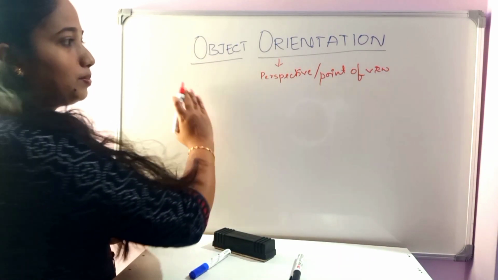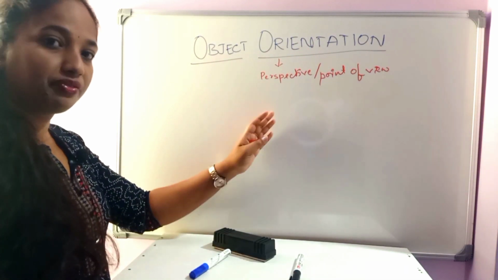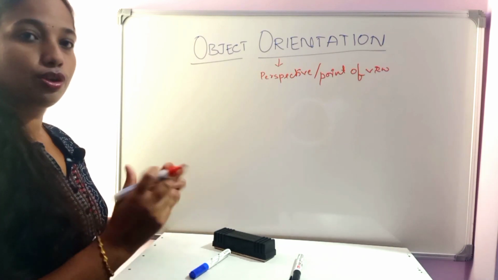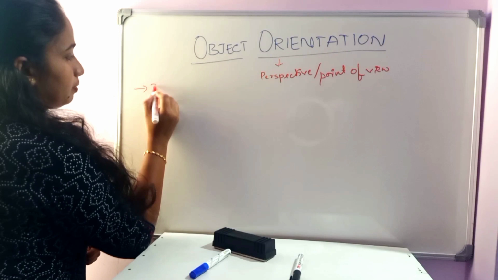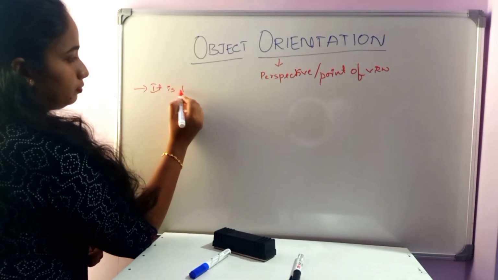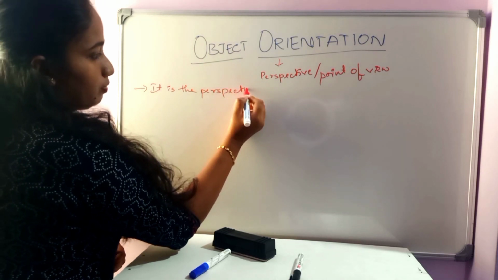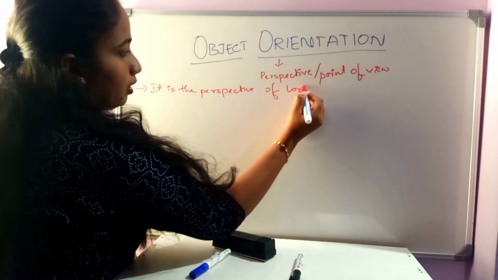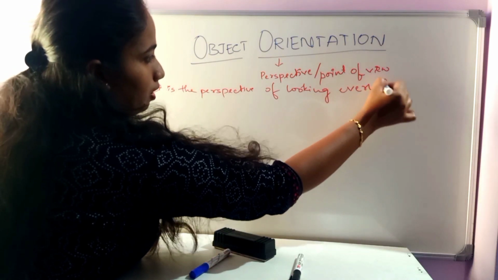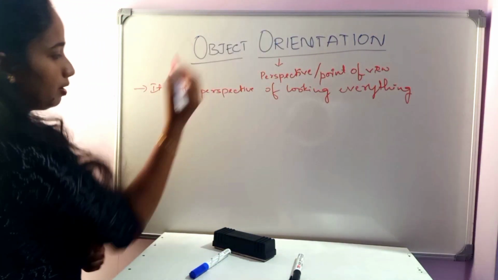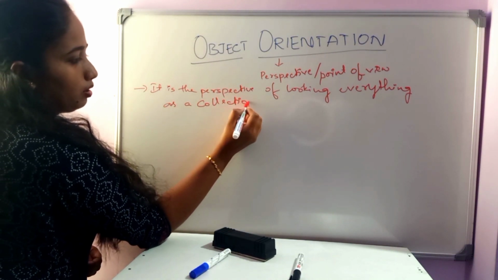So object orientation means it is the perspective of looking at everything as a collection of objects.